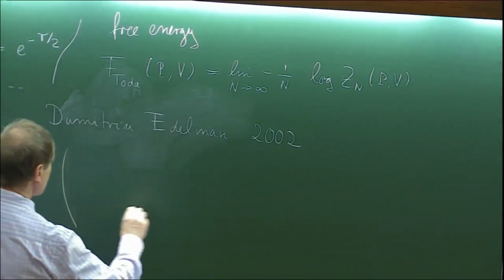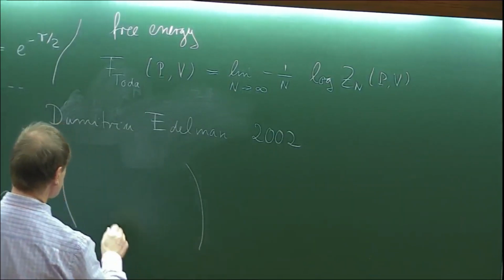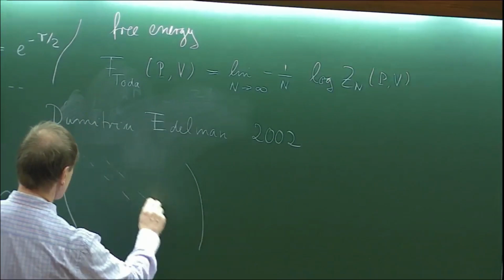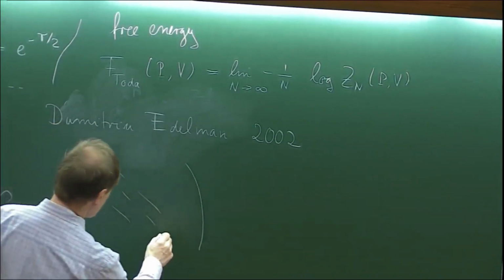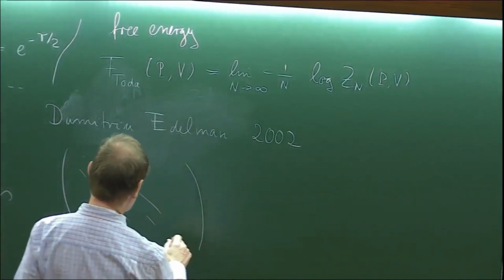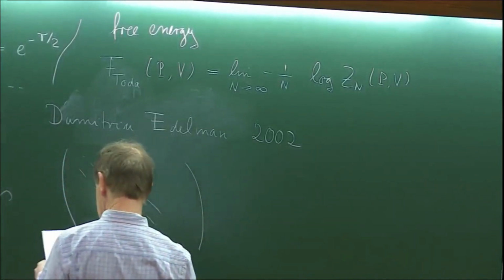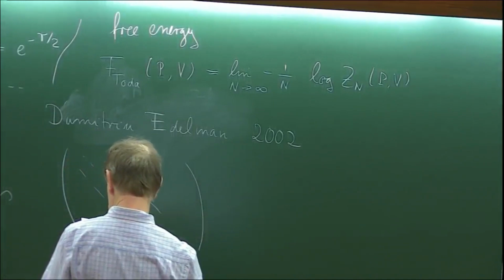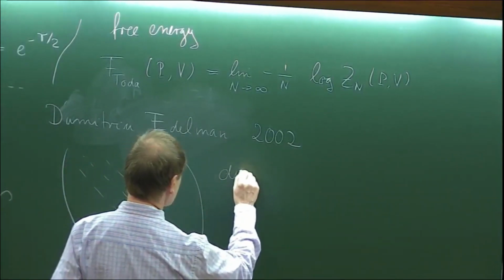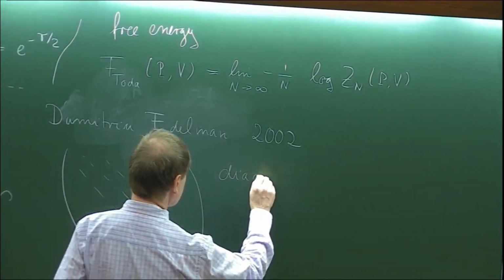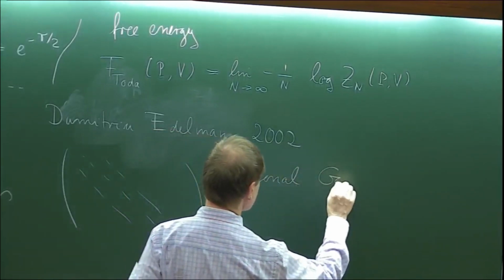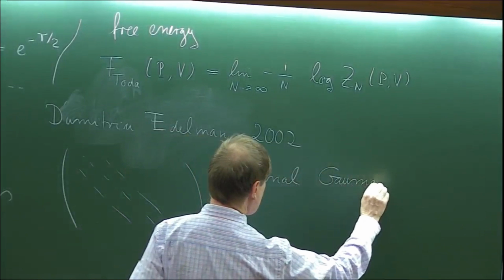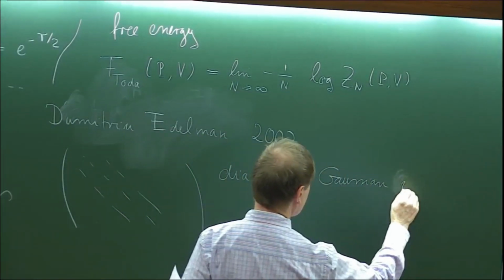What they were looking at was a matrix which is again tridiagonal. It's always an n by n matrix. And along the diagonal, they put IID Gaussians.